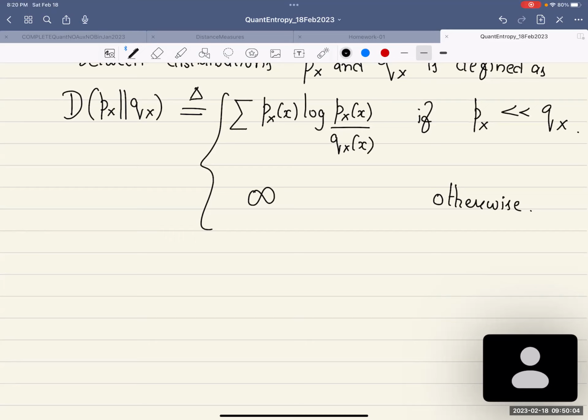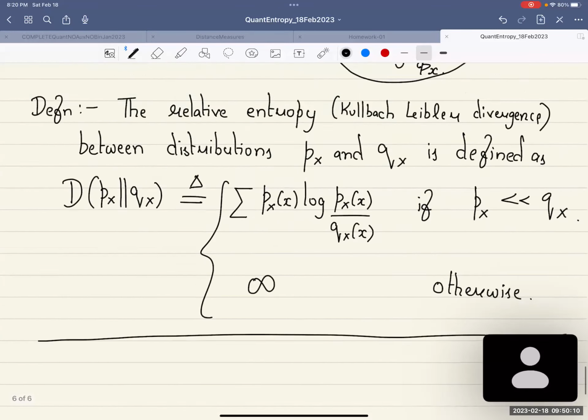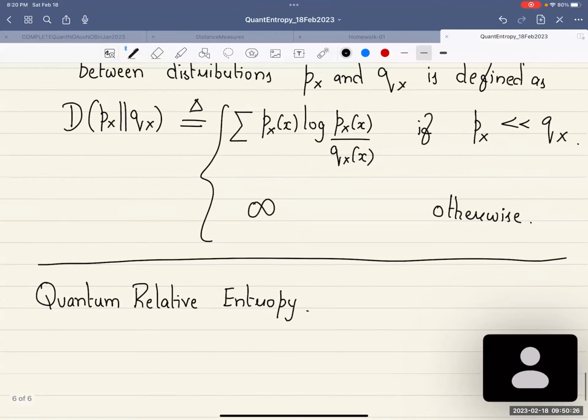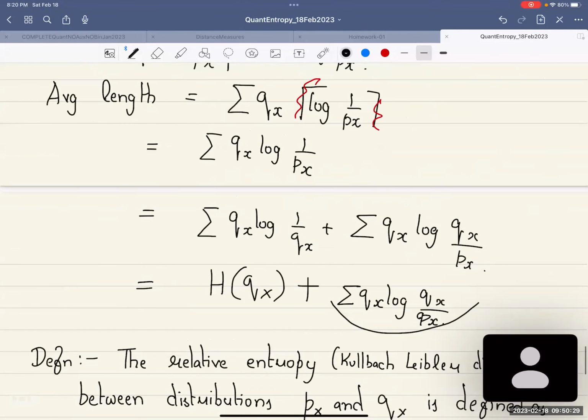Okay, so this is the Kullback-Leibler divergence. We define an analogous quantity in quantum, the quantum relative entropy. This quantity will appear in Stein's lemma also. I'm just trying to motivate it: in the classical system, this is the redundancy if you did not know the source correctly.